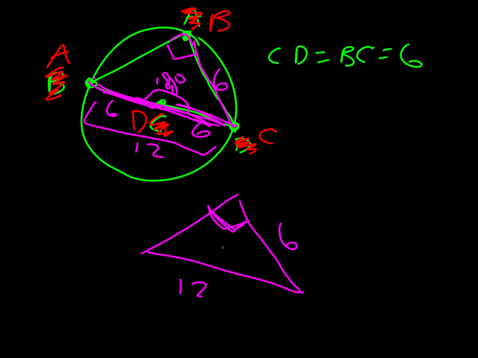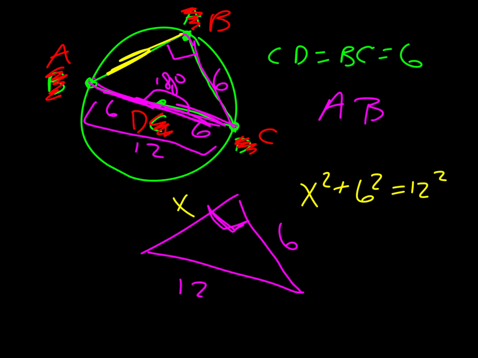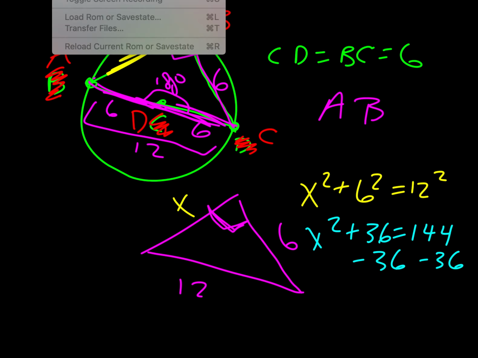And the question on this one wants to know the length of AB. So the length of AB is this one, so this is our x. We can just use the Pythagorean theorem for that. So we can say x squared plus 6 squared equals 12 squared. Simplify that. X squared plus 36 equals 144. Subtract 36. Pull out your calculator if you would like.